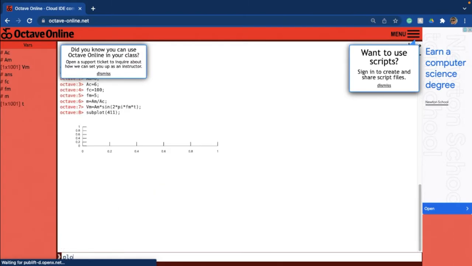Then I need a plot command to plot first the x-axis, then the y-axis. I need to mention the title for the modulating signal. You should write your name there, print your name and your modulating signal. So I'm just writing the modulating signal here. It should be in single quotes.